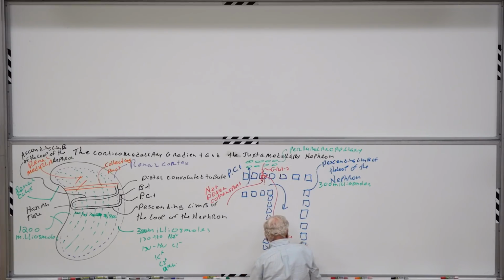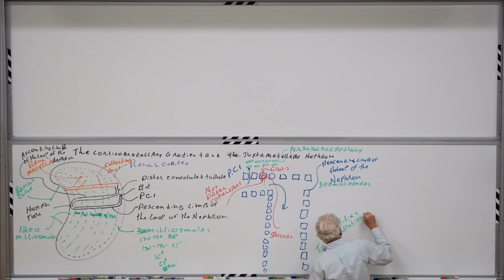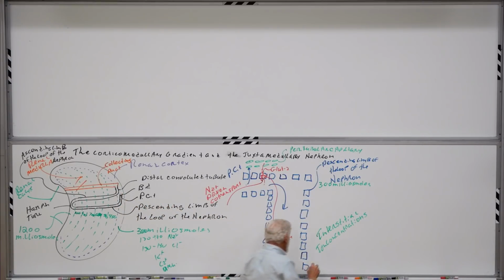But as we follow this tube down into the medulla, the so-called interstitial concentration of ions, the extracellular concentration of ions, goes from 300 milliosmoles here and, under some extreme circumstances, can reach 1,200 milliosmoles.